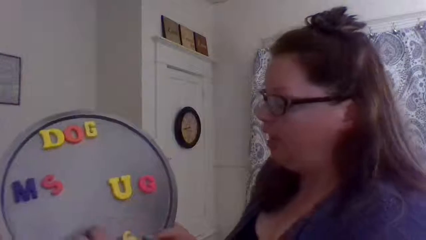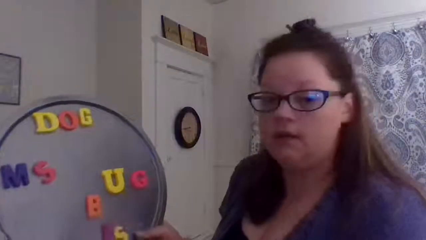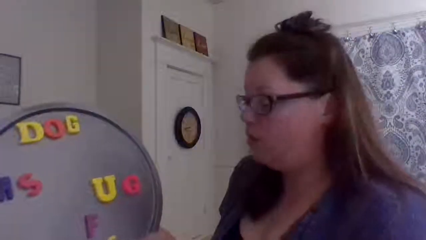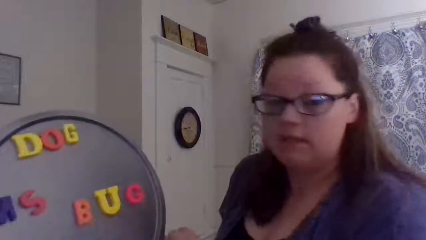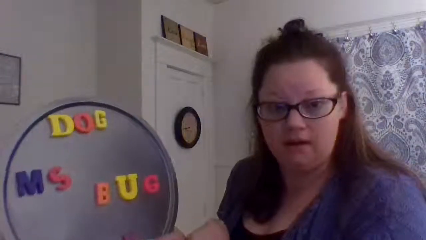Okay, let's do it again. Here's the ug sound. And what letter makes a word with the ug sound? B, ug, or s, ug? That's right. The B and the ug say bug.